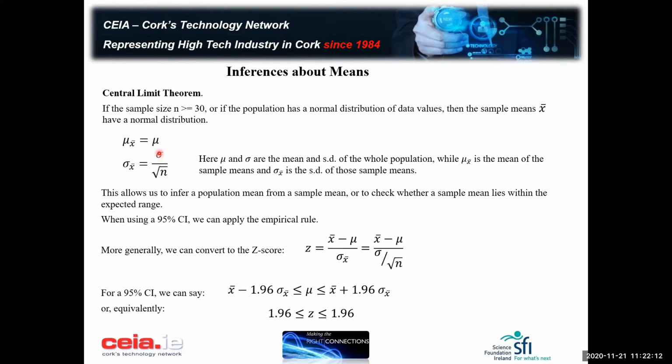Another point is sometimes you won't have sigma from the original population, but you will have sigma from your sample. So you can use that sigma in this formula if that's all that's available.